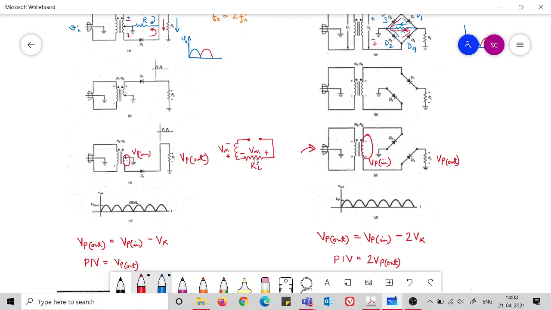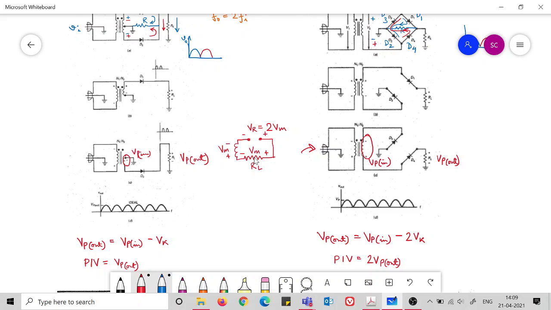The reverse bias voltage, let me call this VR, is 2 Vm. When it is reverse biased, the polarities should be drawn like this, and the value is 2 Vm. Because you apply the KVL, you will directly get this. So this is nothing but the PIV.